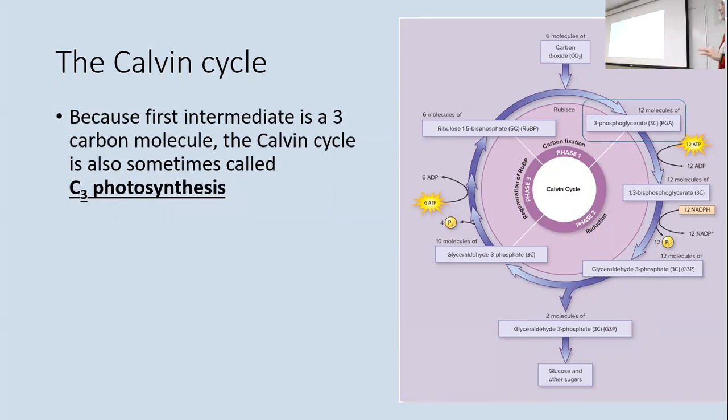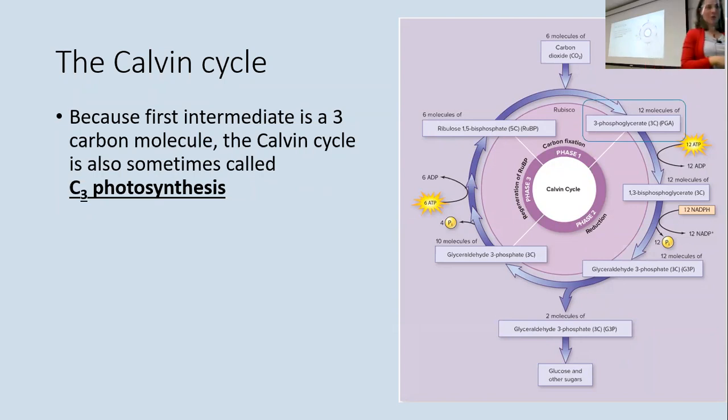All right, I think this is the last little chunk, and this leads us into what we'll finish up. There's just one tiny little chunk of chapter 8 left for Wednesday. The first intermediate, right, we make this 6-carbon thing and we break it into 2 3-carbon compounds. Because that first intermediate is a 3-carbon compound, we call it C3 photosynthesis, 3-carbon photosynthesis.